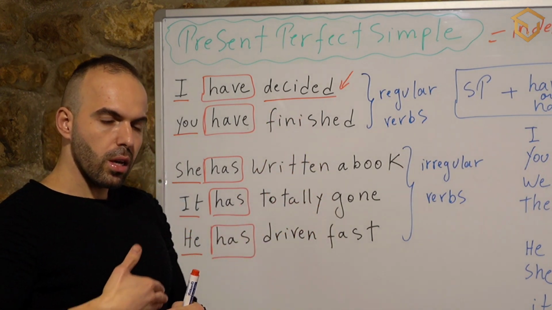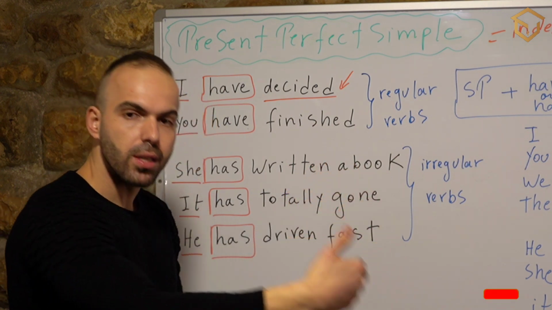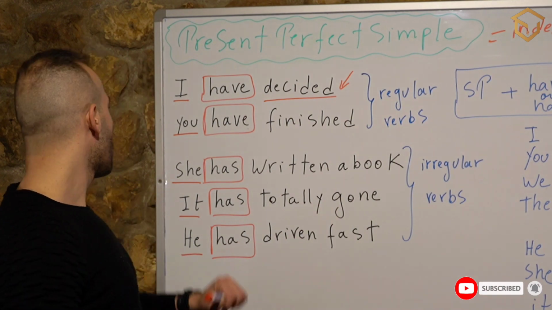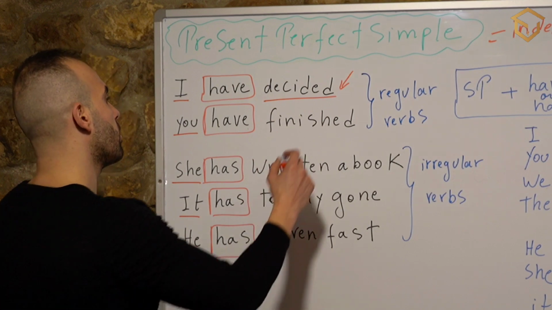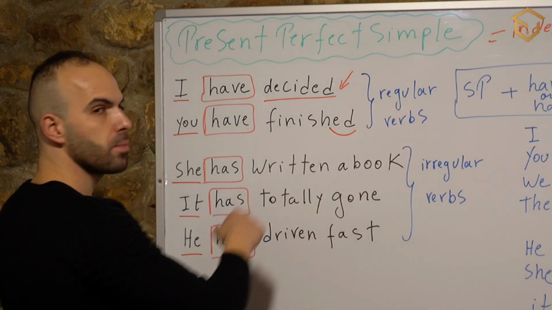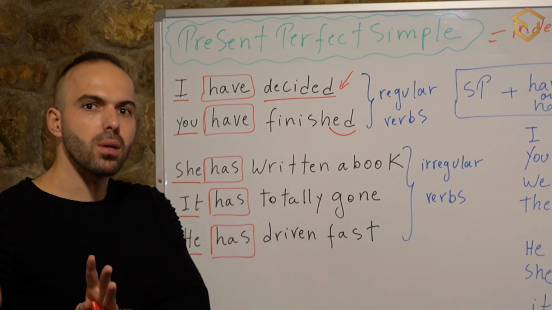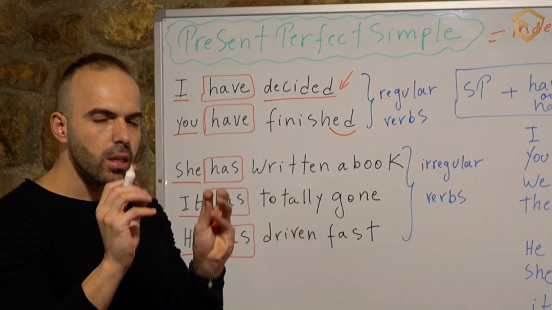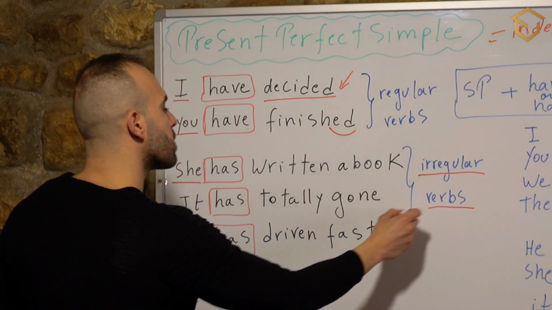So decide in the past simple form is decided, and it stays decided in the past participle form because it's a regular verb. Finish. You have finished. It's a regular verb. So finished is the same one as in past simple. So you don't need to change it. It's quite simple.